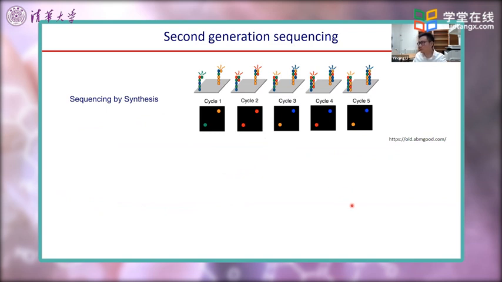The way it works is via a chemistry called sequencing by synthesis. Basically, we have each fragment immobilized on a solid surface, and then a single nucleotide is added to the solution. If the nucleotide is complementary to the position on the immobilized fragment, it will be added to the growing chain. Different bases, A, C, T, G, are conjugated to different colors.